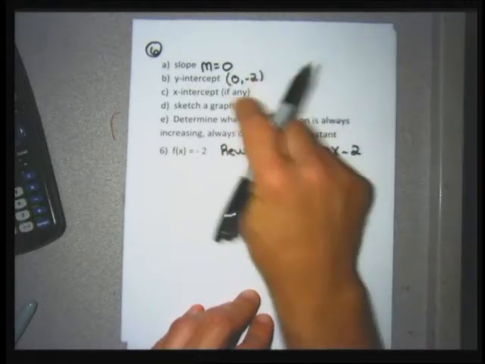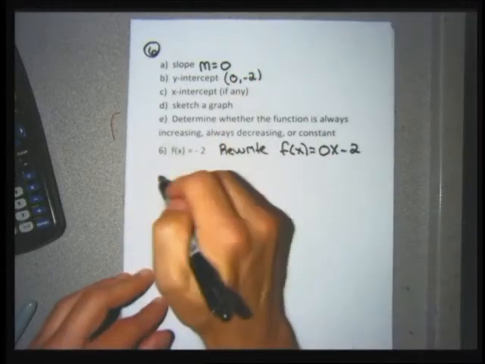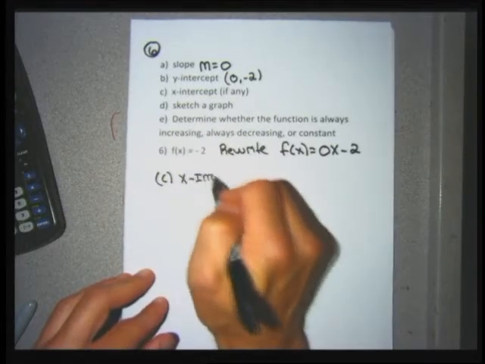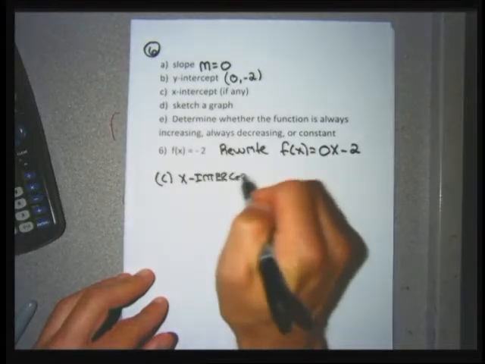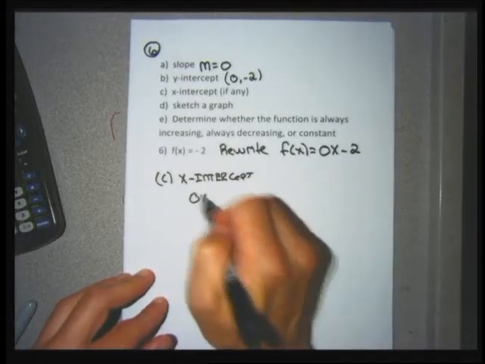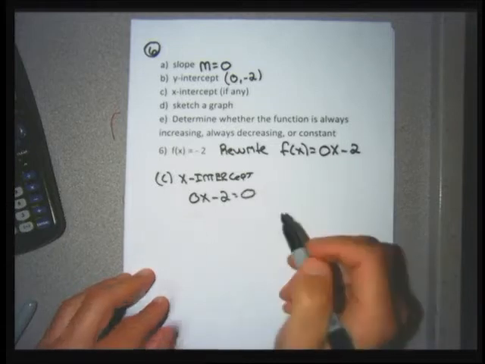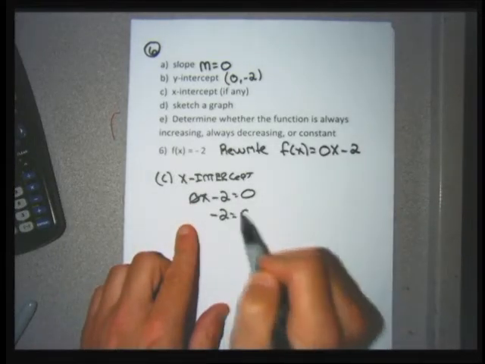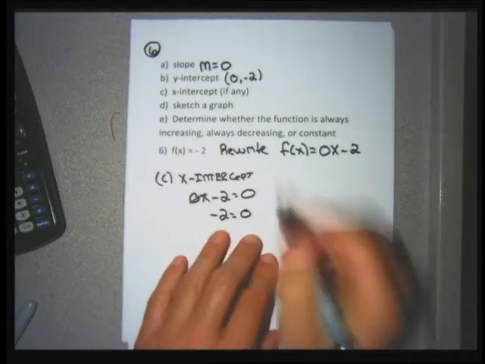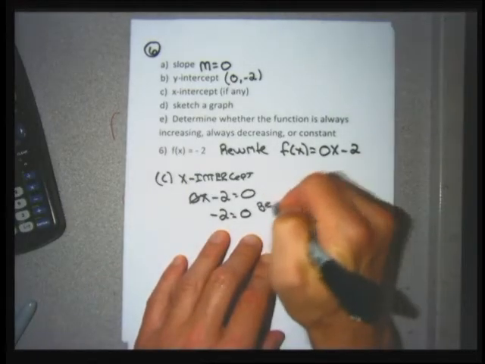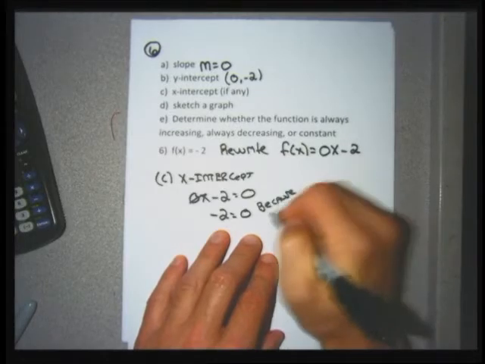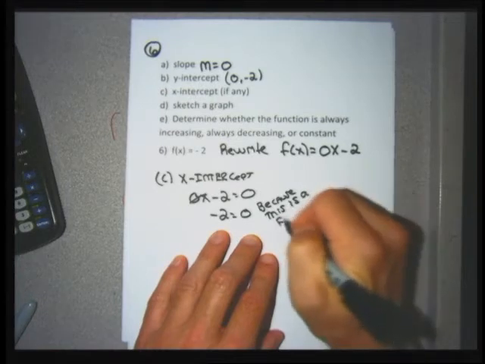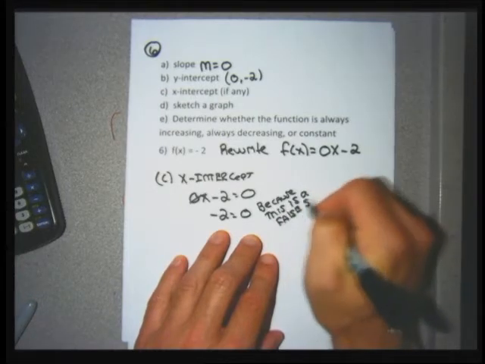And I tried to give a hint here, x-intercept if any, because there isn't going to be an x-intercept. When I go to find the x-intercept, if I take either version of these functions and set it equal to 0, this 0x zeroes that out. This really simplifies to the equation -2 equal to 0, because when I try to do the algebra to find the x-intercept, I get a false statement.